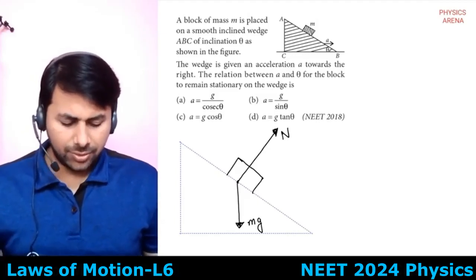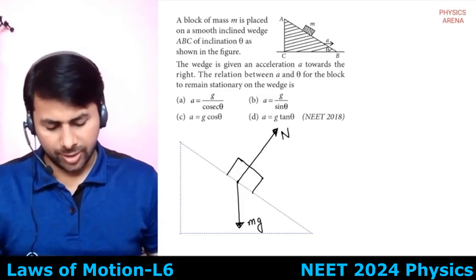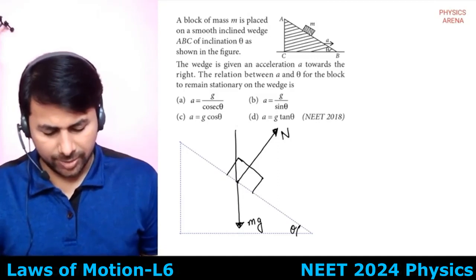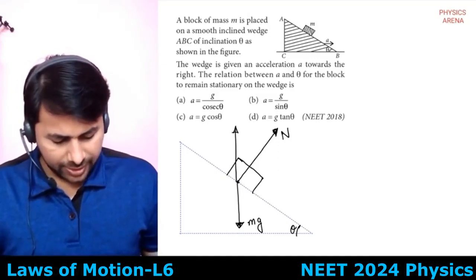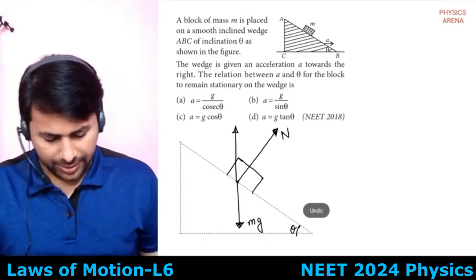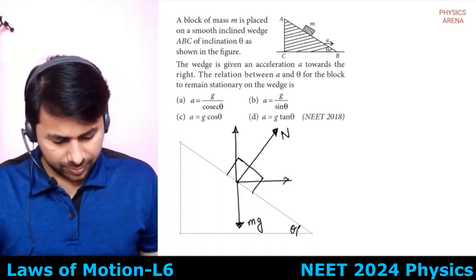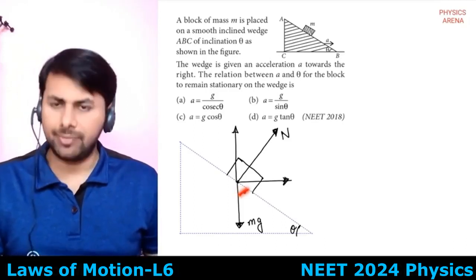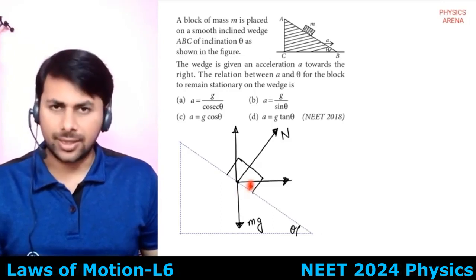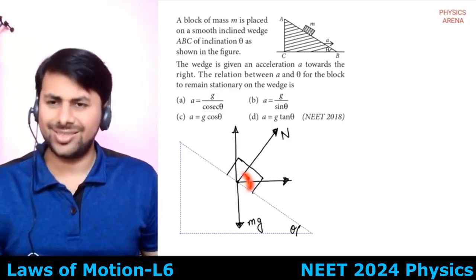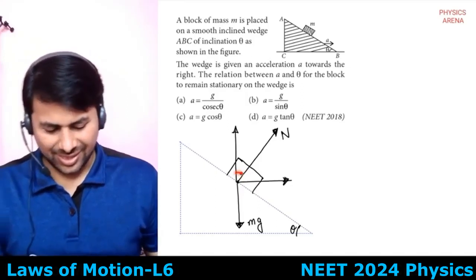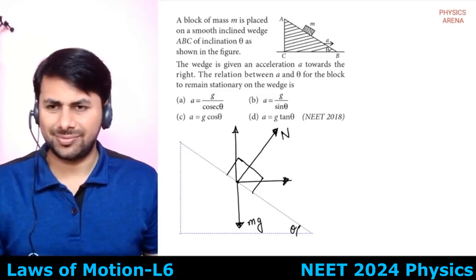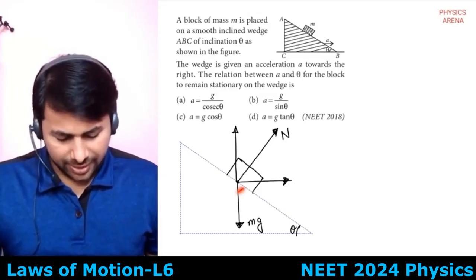Now, the normal reaction will have two components. What are those two components? This angle is theta. We can resolve the normal reaction. Since this angle is theta, we have this angle, which will be 90 minus theta.